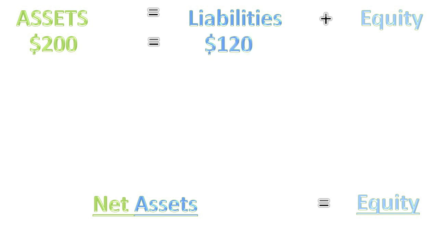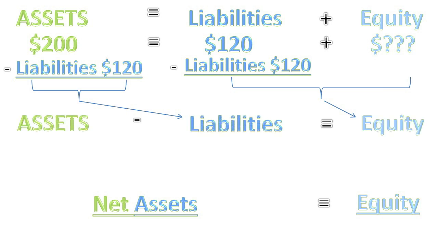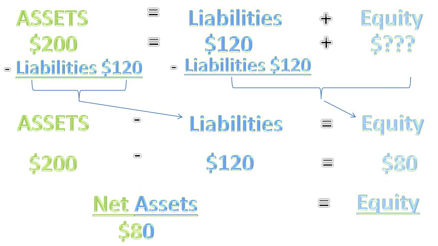You could solve for equity by deducting the $120 of liabilities from both sides of the equation to arrive at the following net assets equation. Assets minus liabilities equals equity. A company's net assets, $80 in this example, are the same thing as owner's equity and represent the amount of the company's assets that the owner would net after the company paid off all of its liabilities.